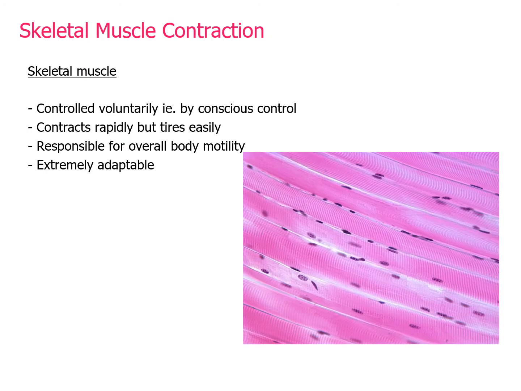Let's move on. Here we see an extremely nice photomicrograph of a series of skeletal muscle fibers that are lined up parallel to each other. What you have are the multinucleated skeletal muscle fibers.